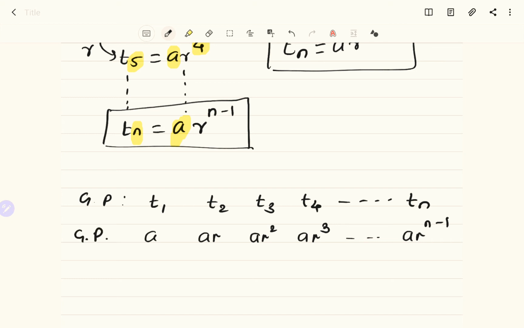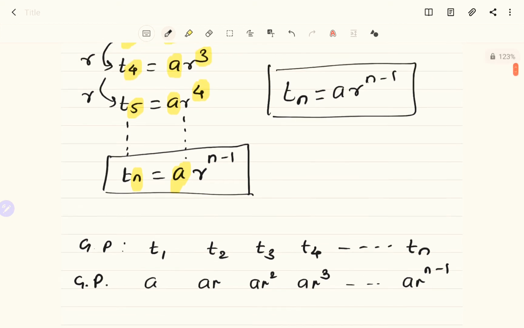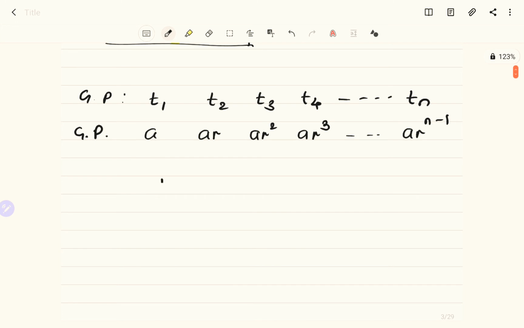This is the way that we select terms of geometric progression. And please remember this very important formula for the nth term: Tn is AR raised to n minus 1.